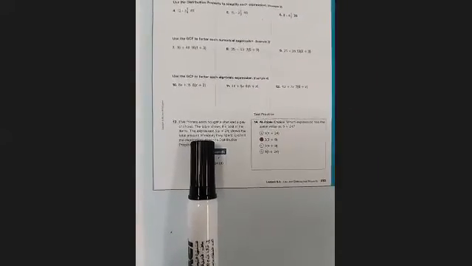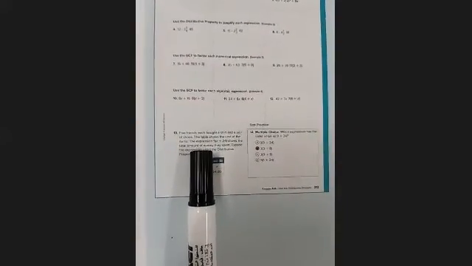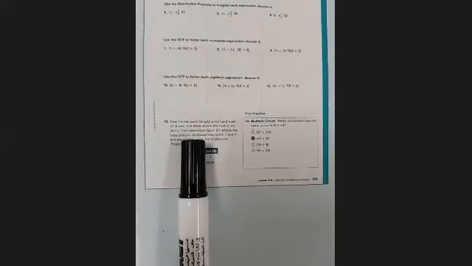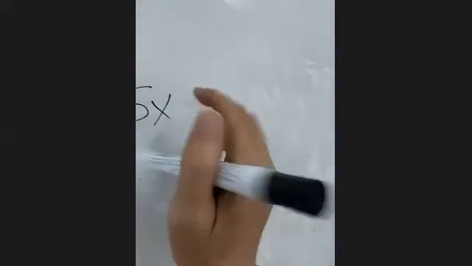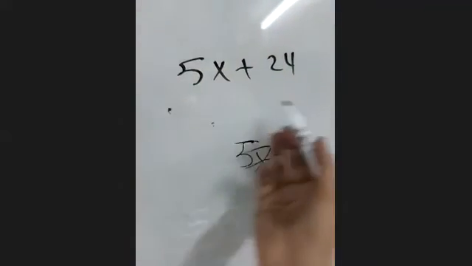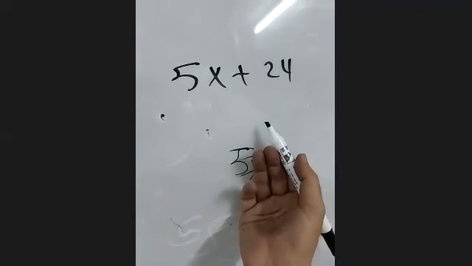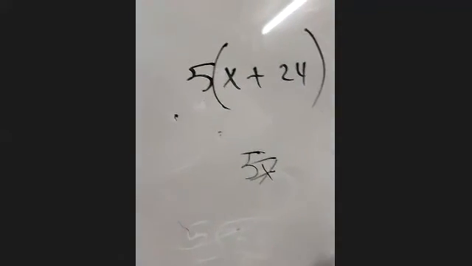It is 5 multiplied by parentheses, and inside it x plus 24. You need to be specific. Is this what we have in the question? No, we have this. Continue.